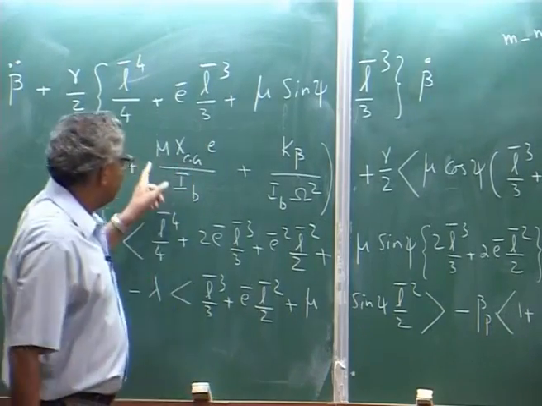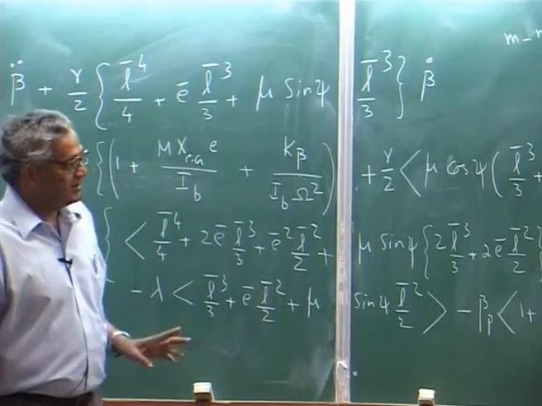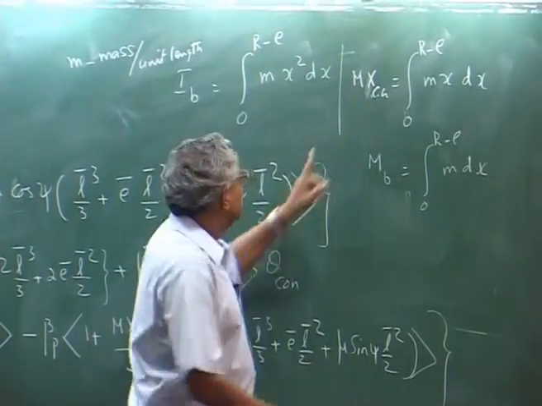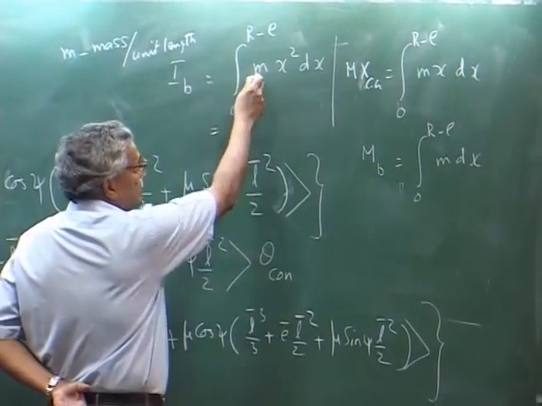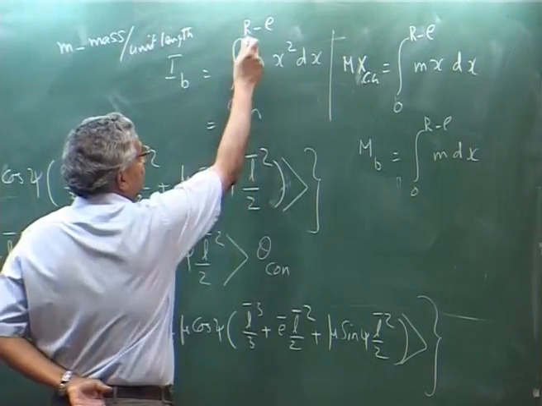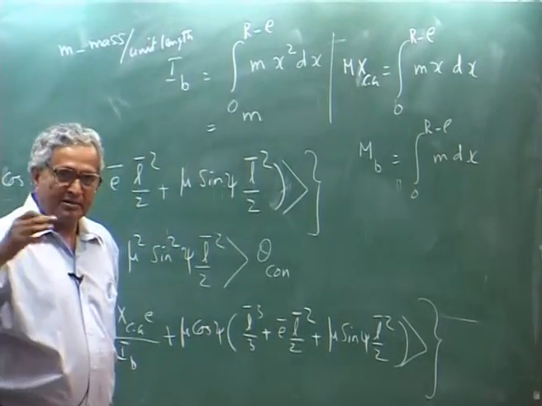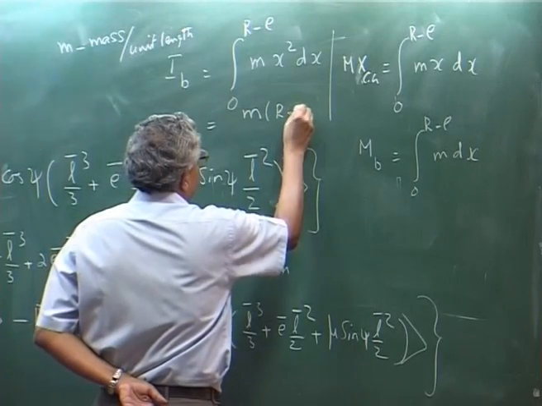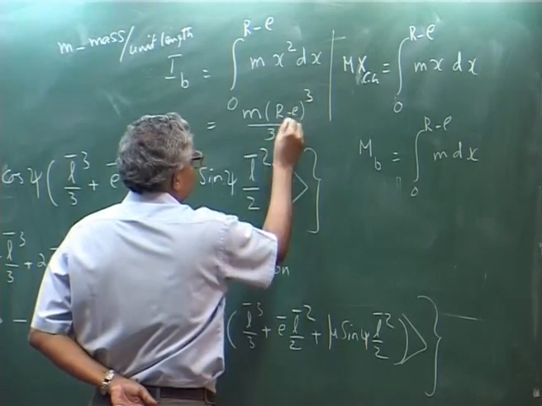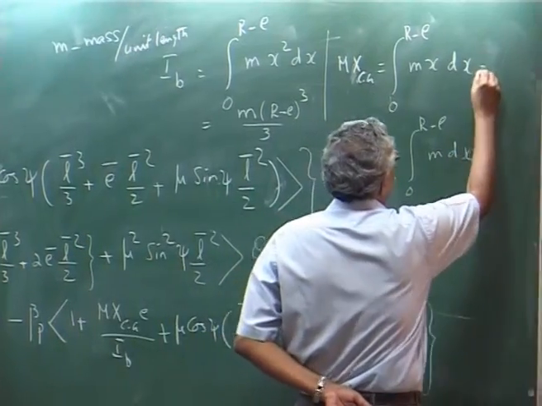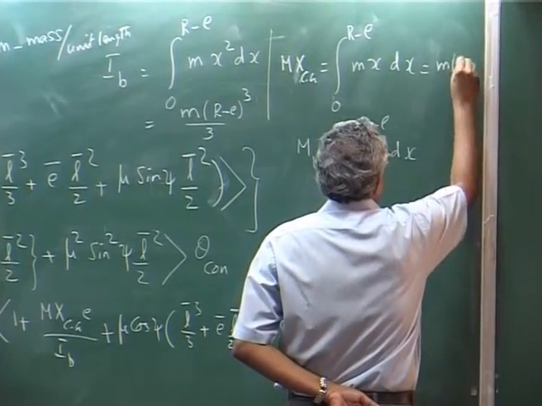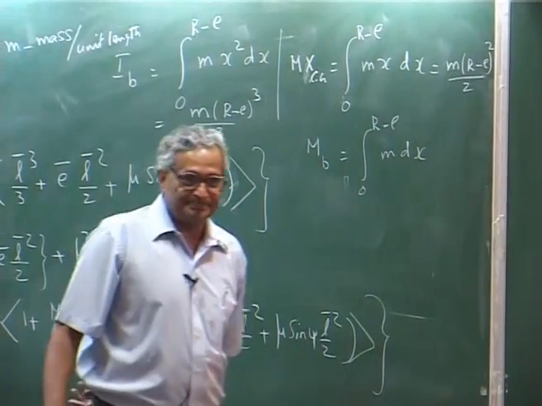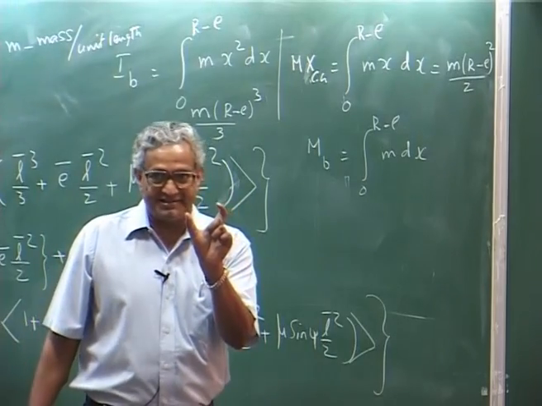If the mass is uniform, if m is constant, I b will be m times r minus e whole cube over 3, and the first moment will become m times r minus e square over 2, if m is constant.